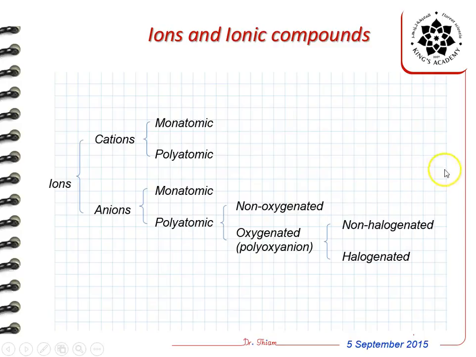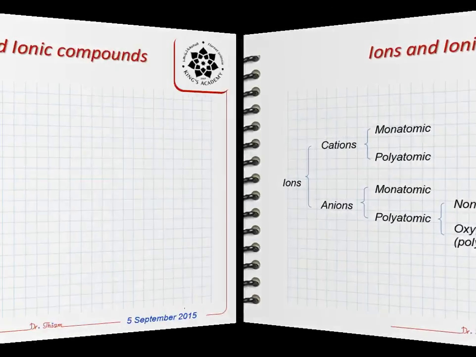The ones that have halogens in them, we call halogenated polyoxyanions, and the ones that do not have any halogens in them, we call non-halogenated polyoxyanions. Now, remember the halogens; they are group 17, okay? So fluorine, chlorine, bromine, iodine. Astatine is very rare, so we don't use it a lot.